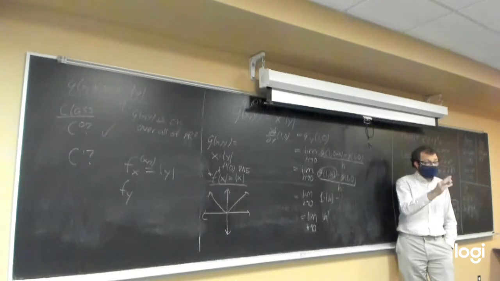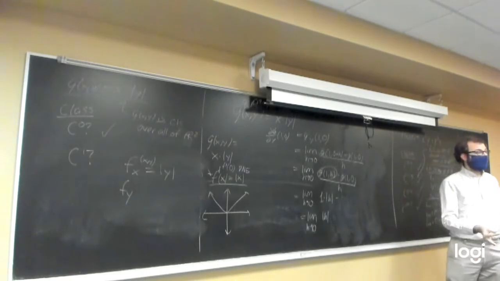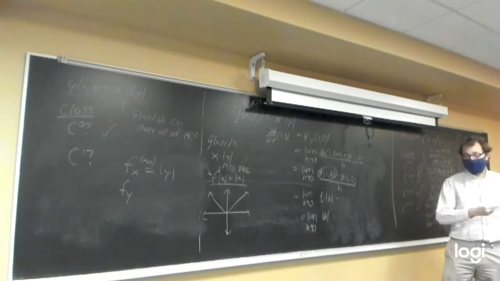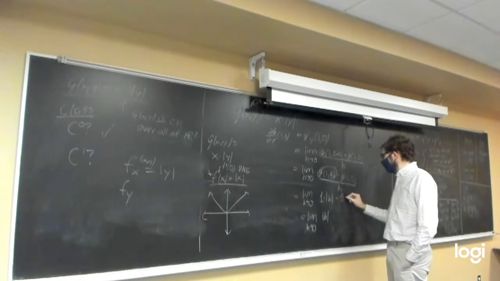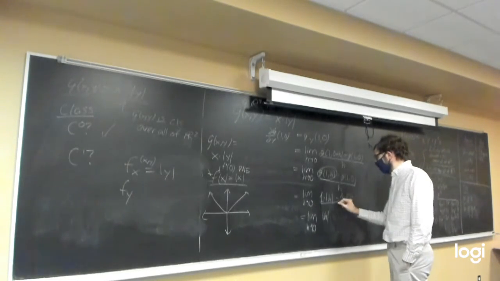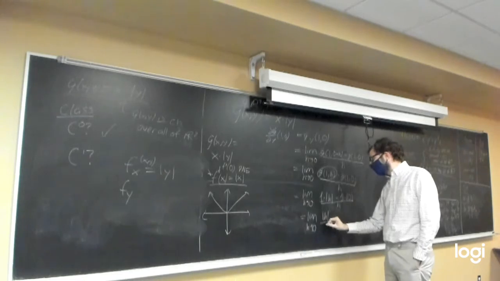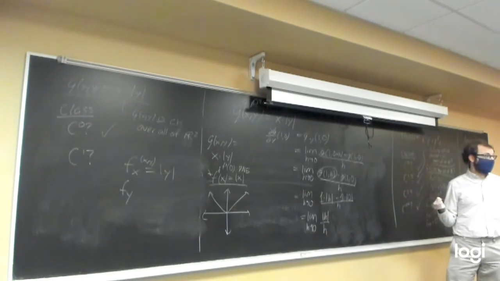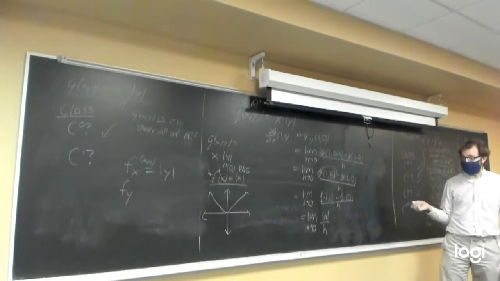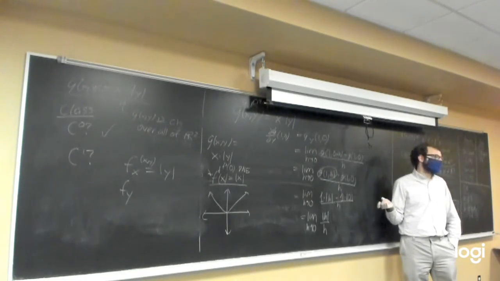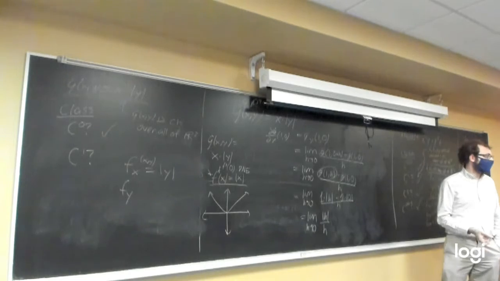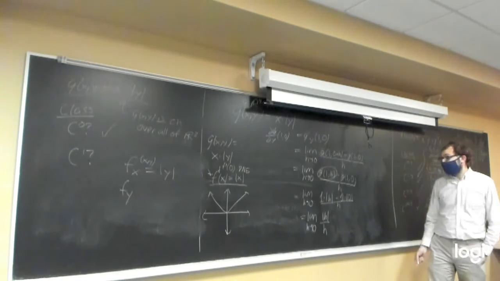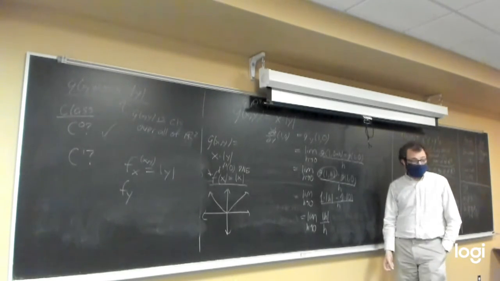Well, it's going to give us 1 times the absolute value of 0, which is 0. So minus 1 times absolute value of 0, which when we simplify, 1 times absolute value of h minus 1 times absolute value of 0, all over h, is going to simplify down to just absolute value of h over h. And now we have a Calc 1 type limit.